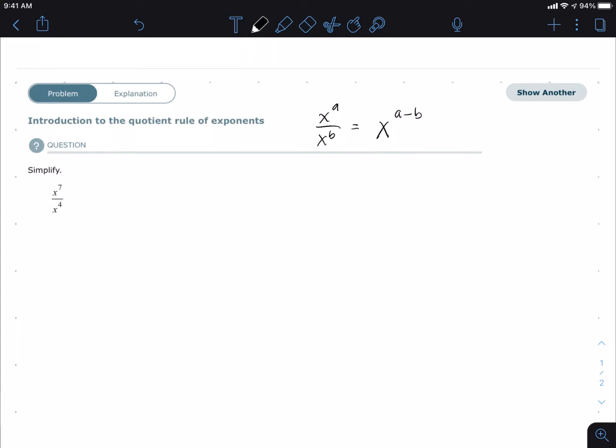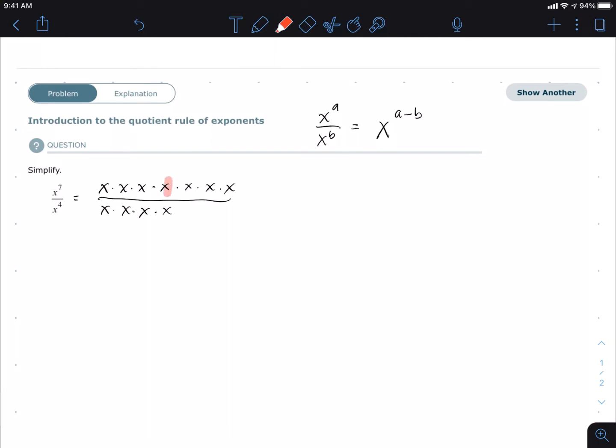Now, the rule is kind of funny. They only show it one way, and I typically don't like that. So in this example here, we could write it without exponents: x times x times x times x times x times x times x, that's 7 of them, over x times x times x times x.